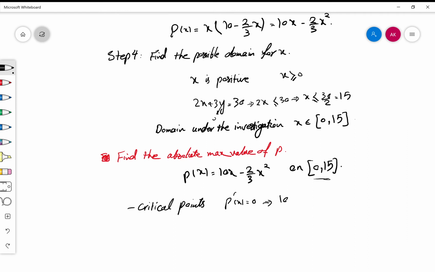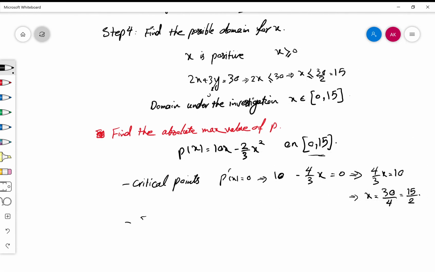The derivative is 10 minus 4 over 3 x equals 0. Then 4 over 3 x is equal to 10, and that gives us x equal to 30 over 4, which simplifies to 15 over 2.